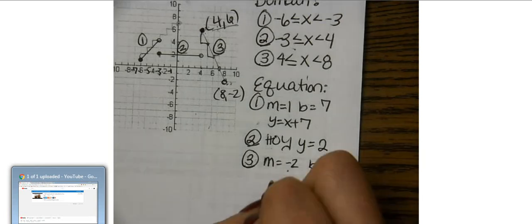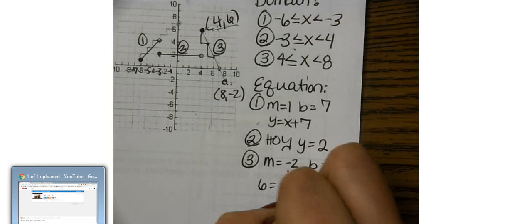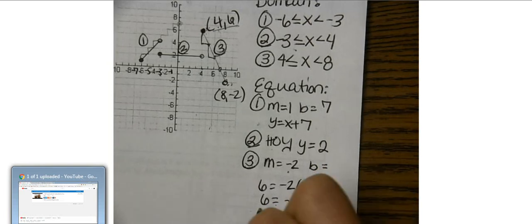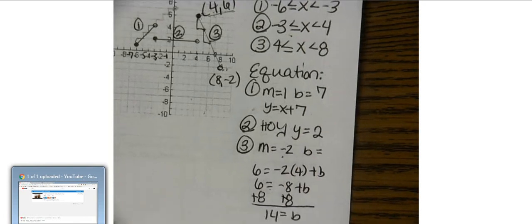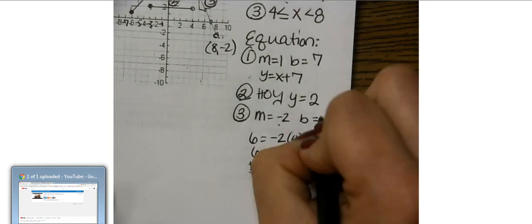And I'm going to write 6 is equal to -2 times 4 plus b. So I have 6 is equal to -8 plus b. I'm going to add 8 to both sides, and I end up with b is equal to 14. So now that I know that b is equal to 14, I can write my equation as y is equal to -2x plus 14.